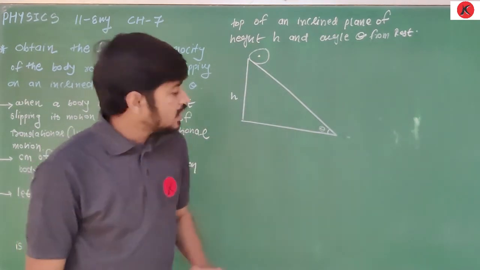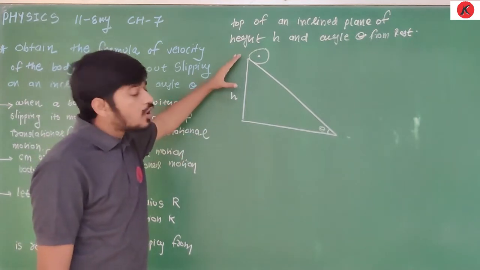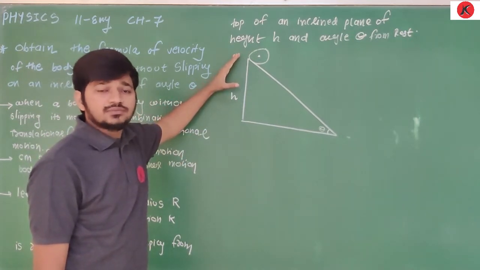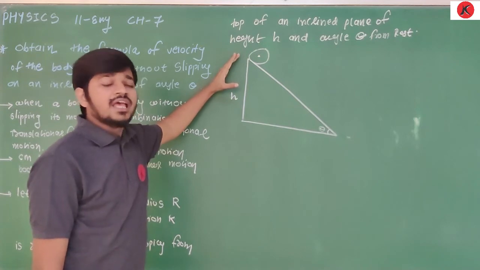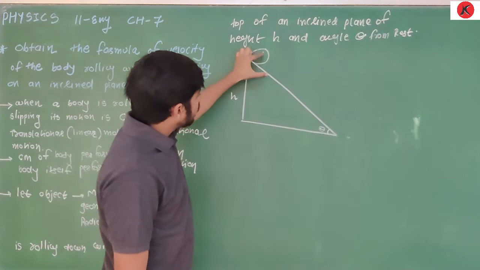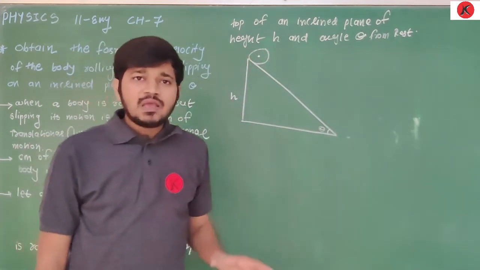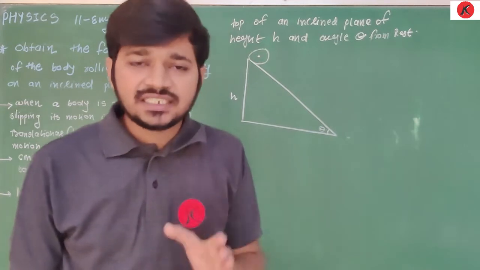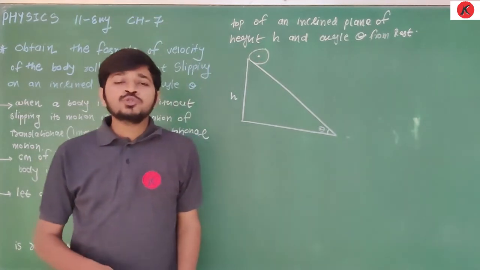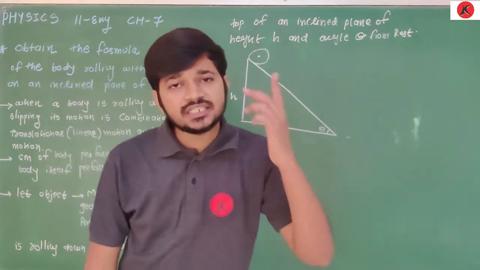As it is rolling down, height decreases, meaning potential energy decreases, and according to the law of conservation of energy, its kinetic energy increases.